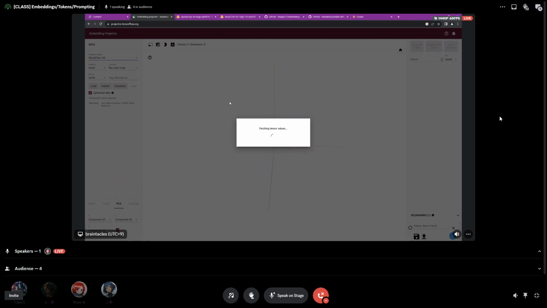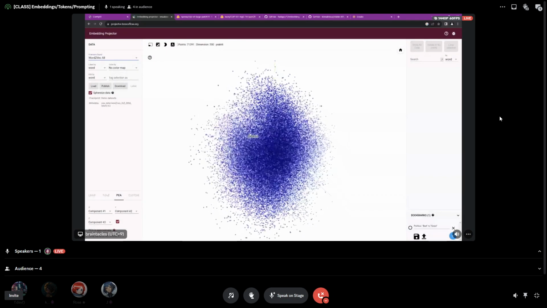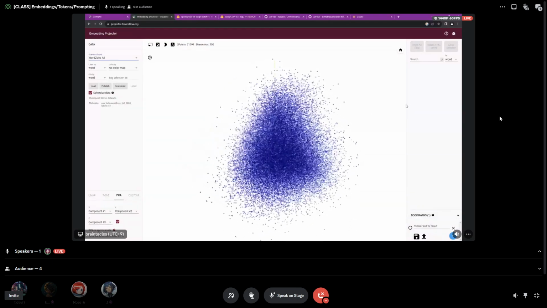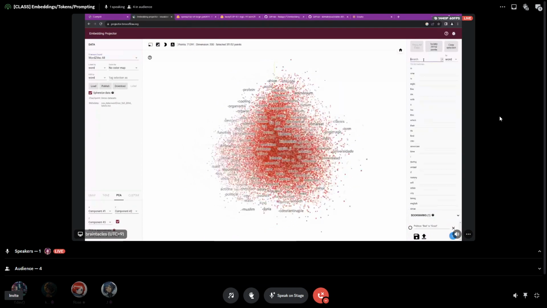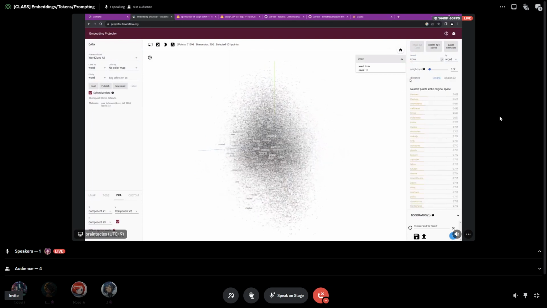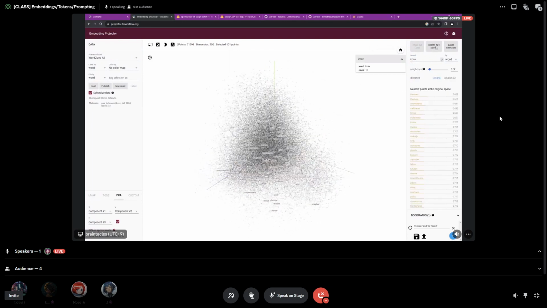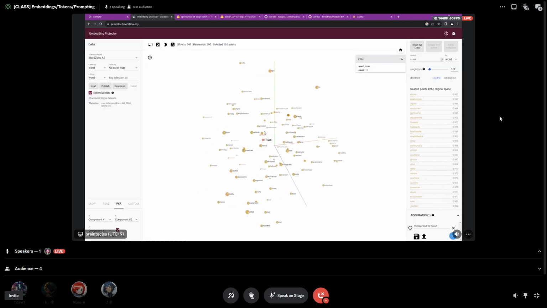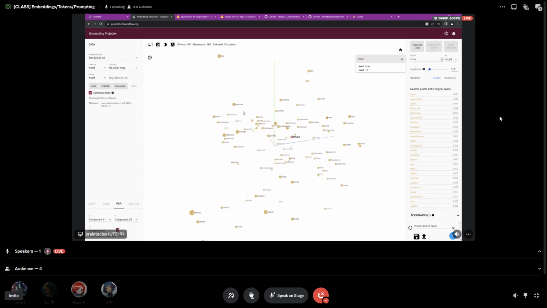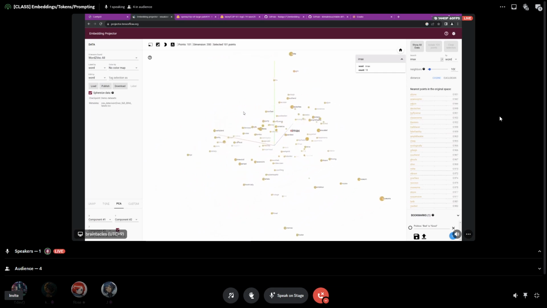But basically what embeddings are, as I said, is a representation of the text in numbers, in a number of dimensions. And what that allows you to do is compare the similarity between words. So if I take IMAX here and I isolate all the points, it's going to isolate all the words that are somewhat related to IMAX, the closest ones.